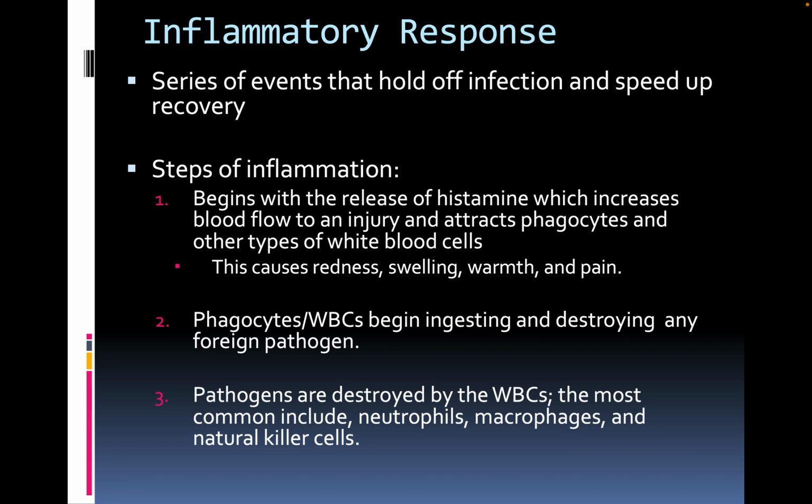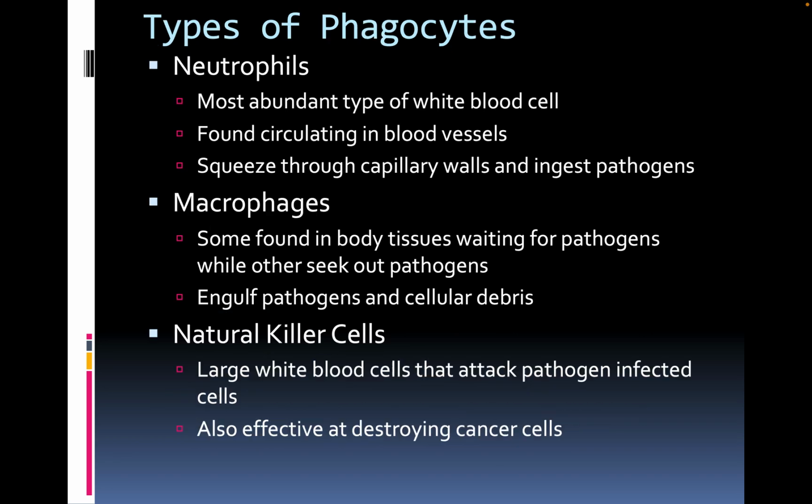And the most common types of white blood cells that are phagocytic are the neutrophils, the macrophages, and the natural killer cells. So let's go through those. The neutrophils are the most abundant type of white blood cell in your body. They just circulate around in the blood and can actually squeeze into tissues.